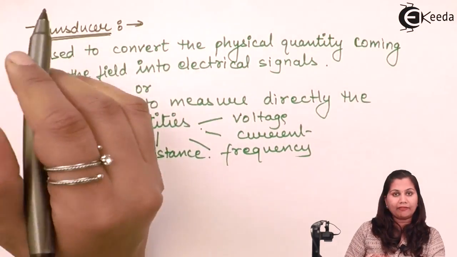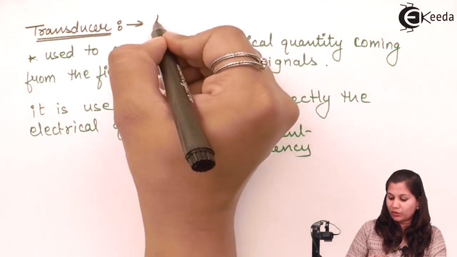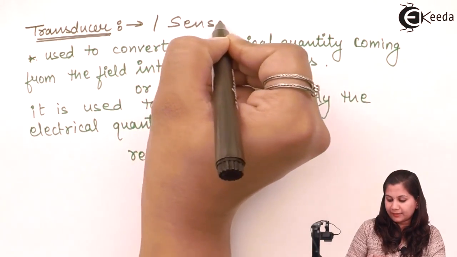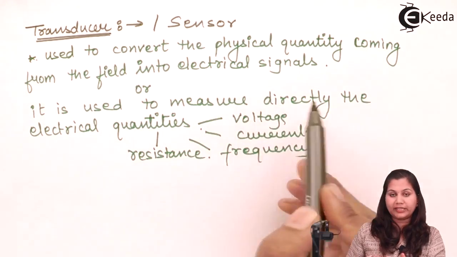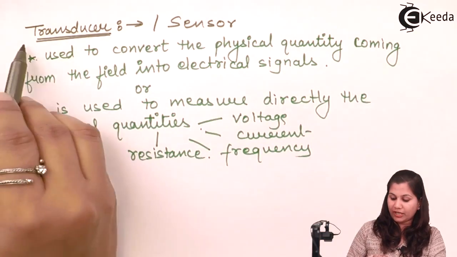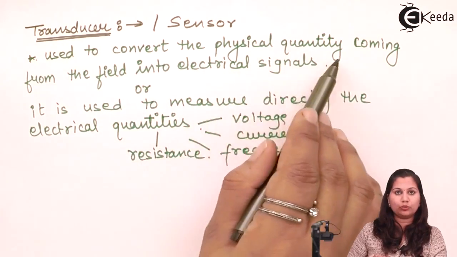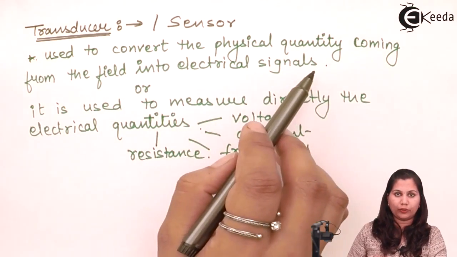So we can have a transducer, or we can also say that it is the sensor. A sensor is going to measure directly the electrical quantity, and a transducer is converting the physical quantity into the electrical quantity.